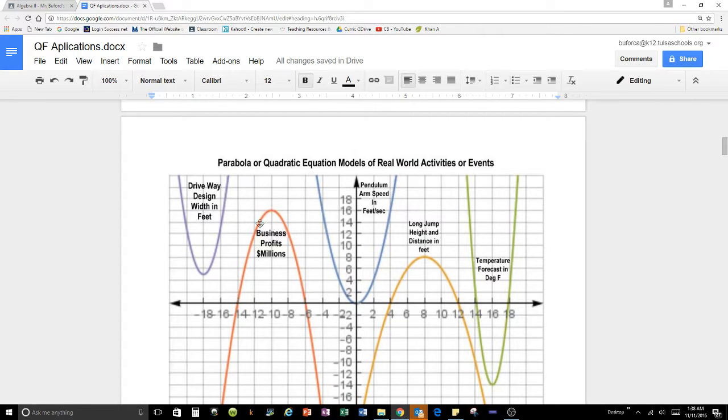And when your parabola opens downward, which is having a negative a value, the highest point on the parabola is always at the vertex, and that height is always equal to k. Okay.